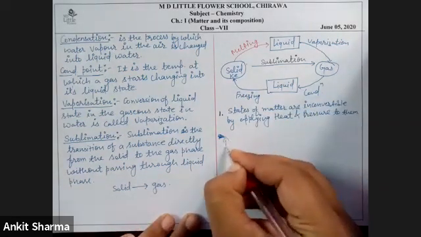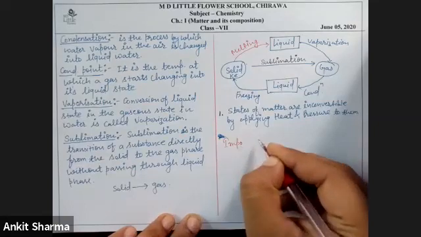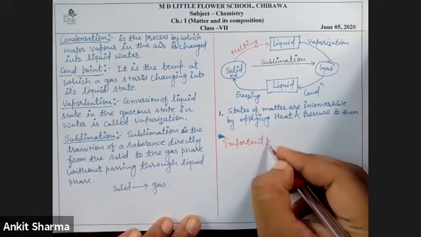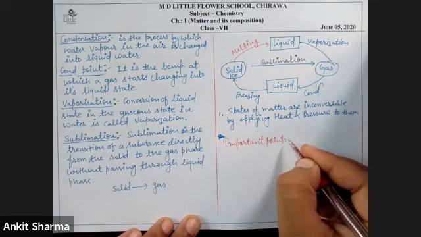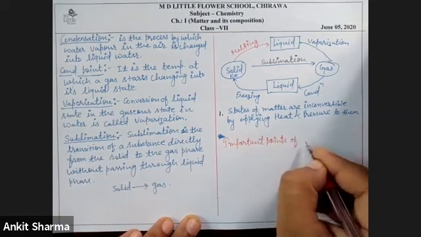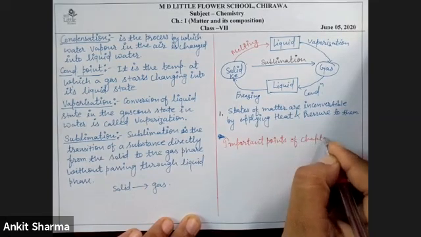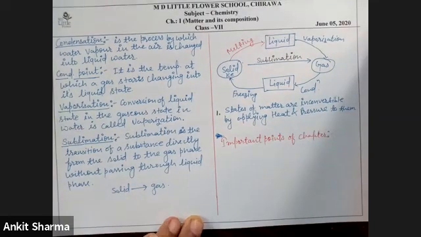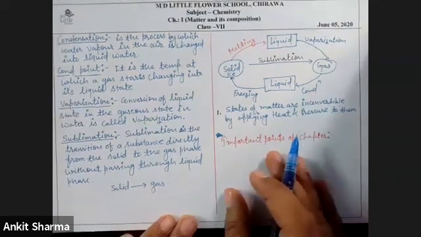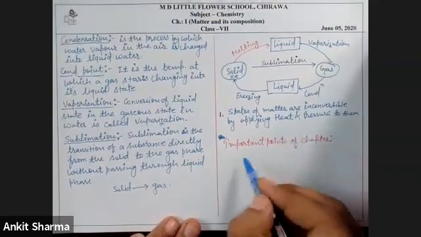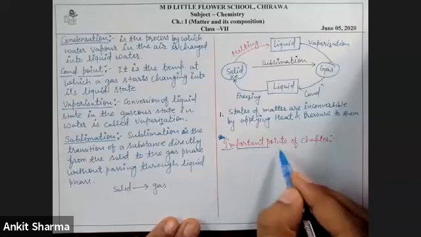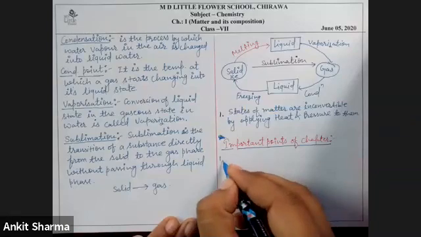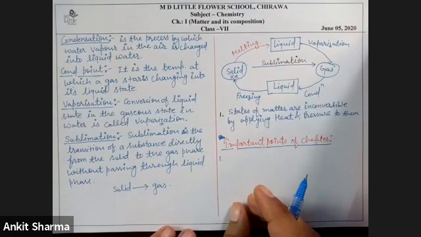So I'm going to write here, points of chapter. Now tell me, what is the definition of matter? Write in the chat box. First point, what is the definition of matter, beta?